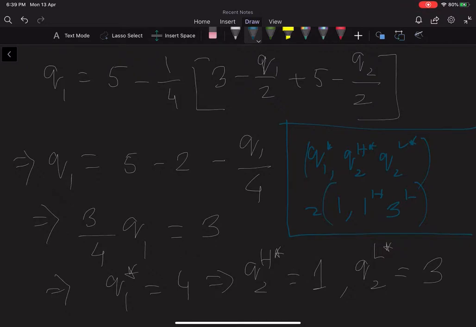Now notice that the high type chooses lower quantity, which makes sense because its cost of production is higher. So it is costlier for firm 2 of high type to produce more than firm 2 of low type.